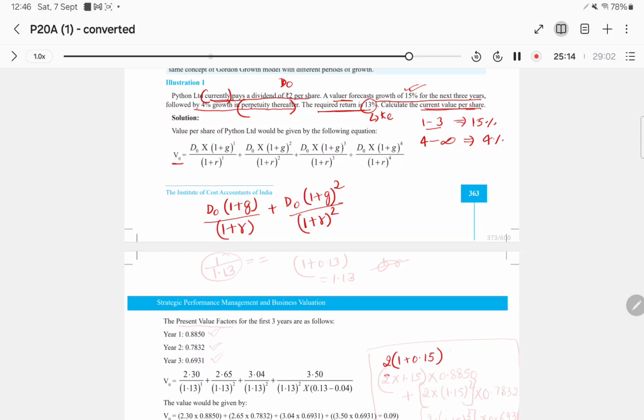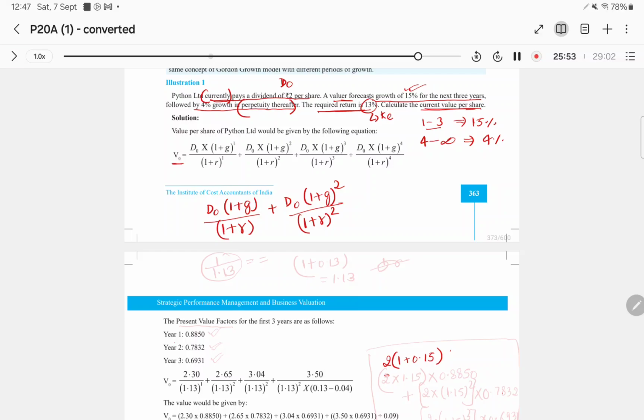Instead of dividing by 1 plus r, you can use the PV factor for the first year. How will you calculate this? Take a calculator. The growth rate over here after 3 years is 4%, but the growth rate is 15% for the first 3 years, and the required rate is 13%.